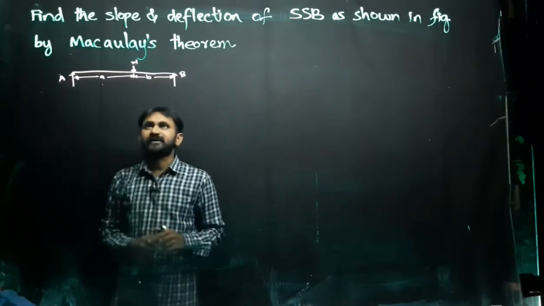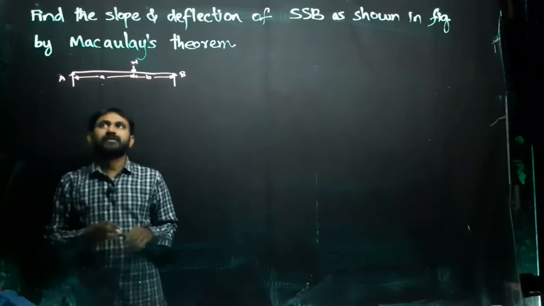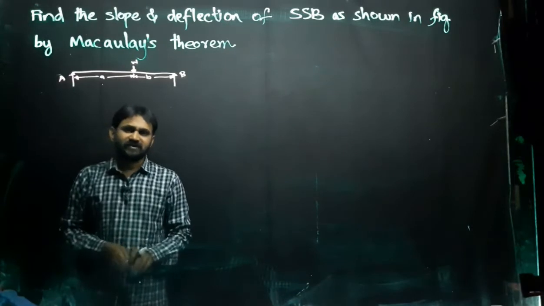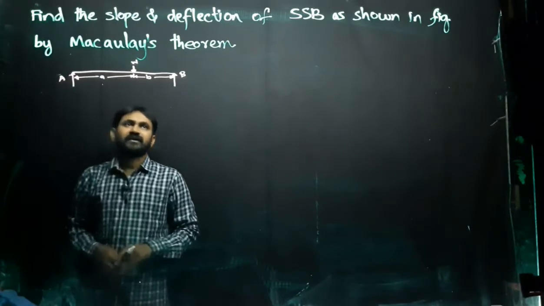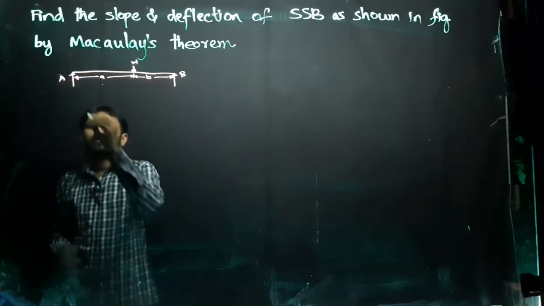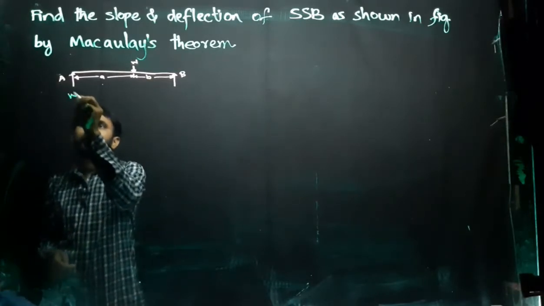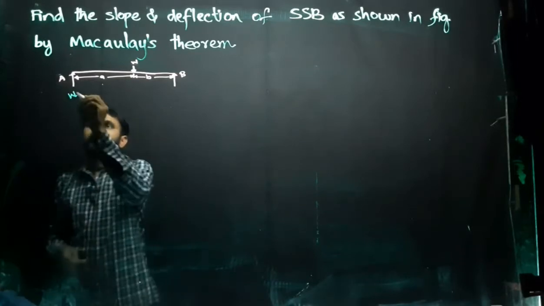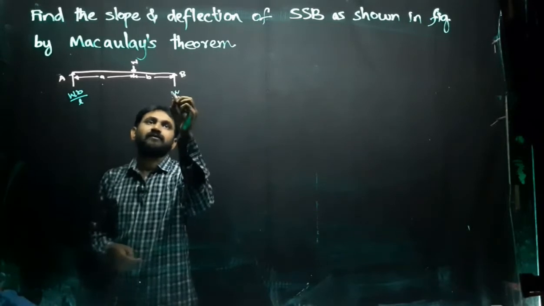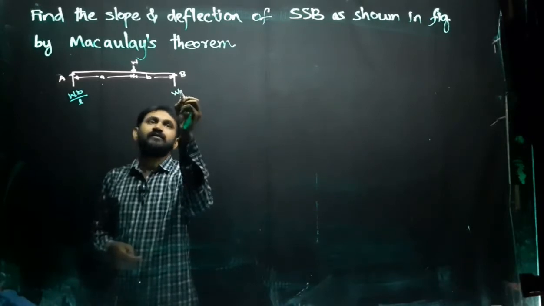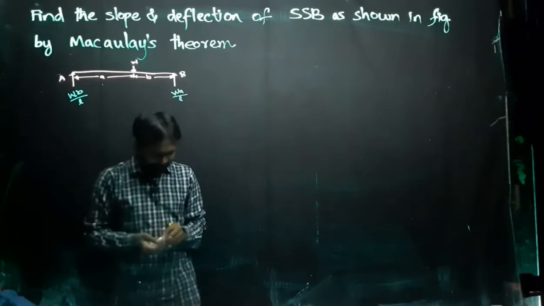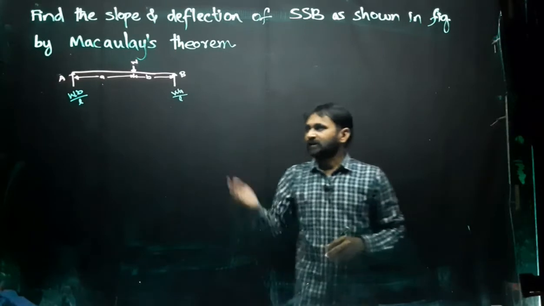So this is my simply supported beam. In this simply supported beam, first we have to find out the reactions. RA and RB are the reactions that we have to find out. This is other than a center point load, so this will be WB by L at A and WA by L at B. So those are my reactions.